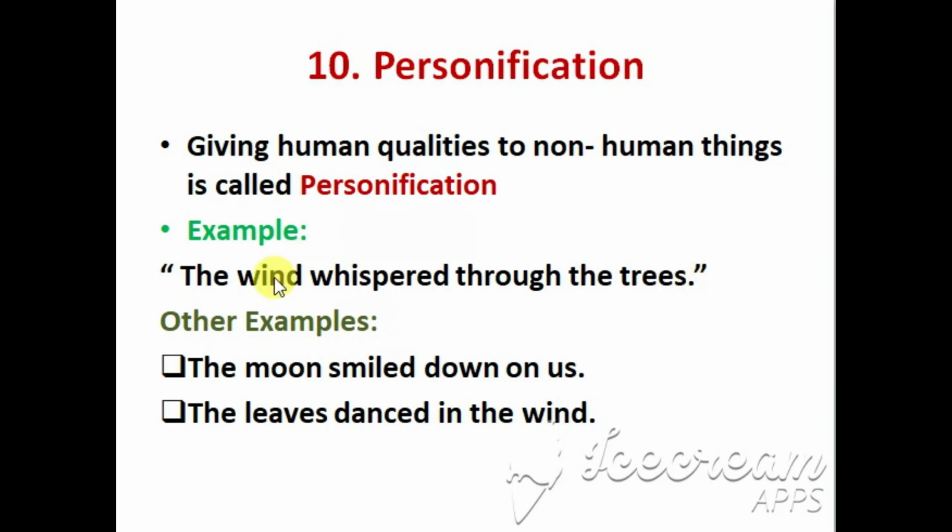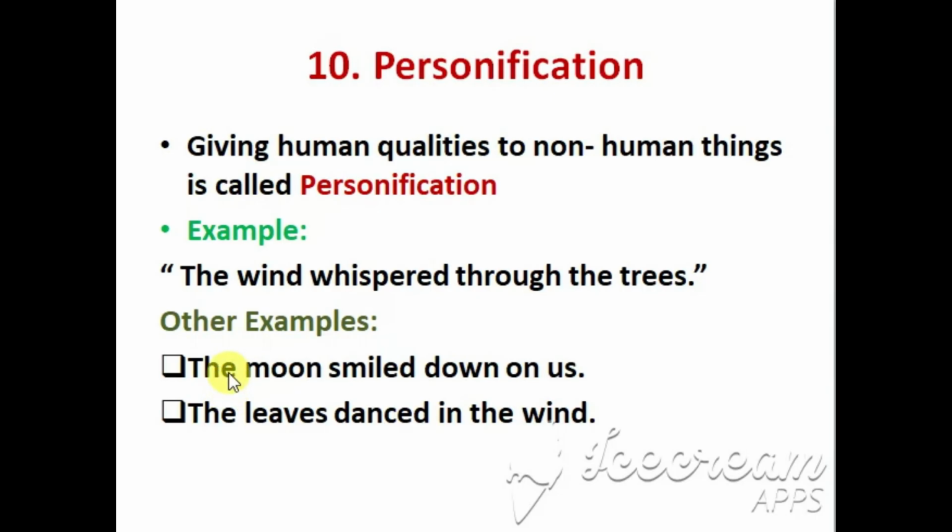Wind is not human, but we are giving it a human dimension by saying that the wind is whispering through the trees. That means it is acting like a human being. So this is called personification.